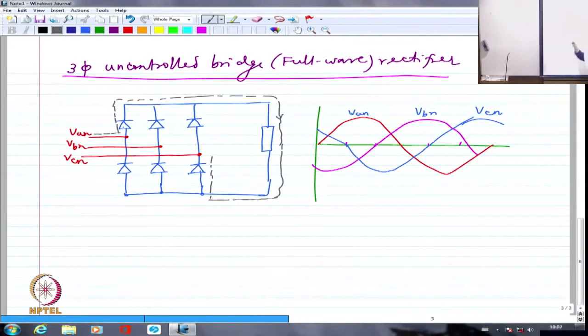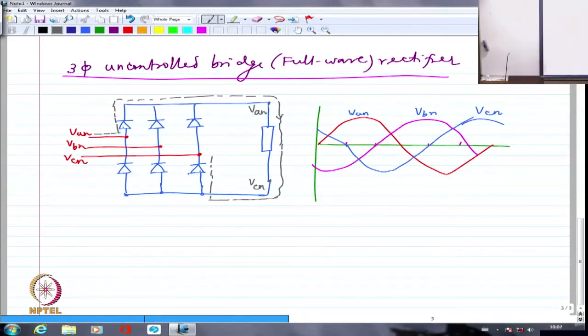So the voltage that is coming up in this particular case will be VA connected at the top and VC connected at the bottom. So I will have VAC. If I say that this is VCN connected here, this is VAN connected here, when I have shown a path like this, what is coming up is VAC.